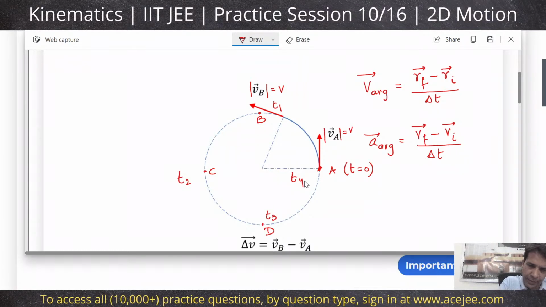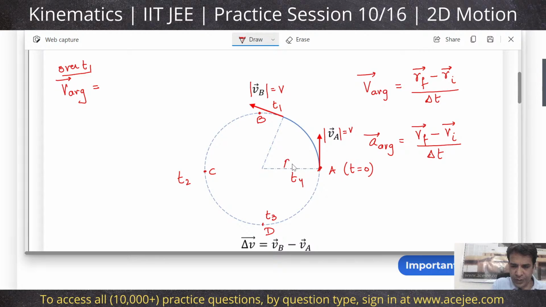So between A and B, over this duration T1, what is V average? B minus A divided by T1.